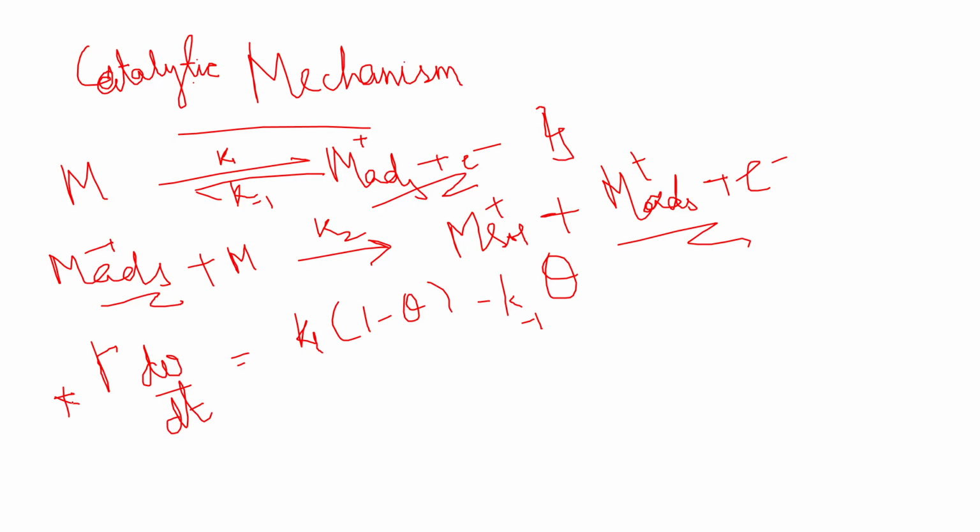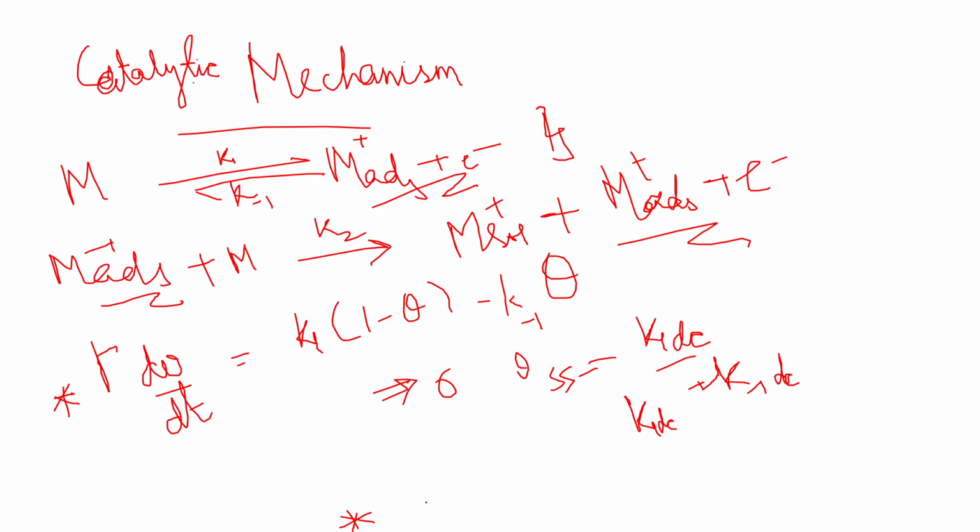Now, equating it to 0, that is at steady state, you will get theta SS as K1 DC over K1 DC plus K minus 1 DC. Because of time constraint, I'm not asking, but at places where everyone can make a mistake, I'll ask in particular. Now the next one is, what is the Faraday impedance? Faraday current.